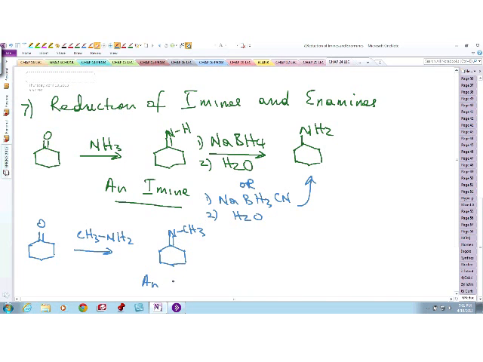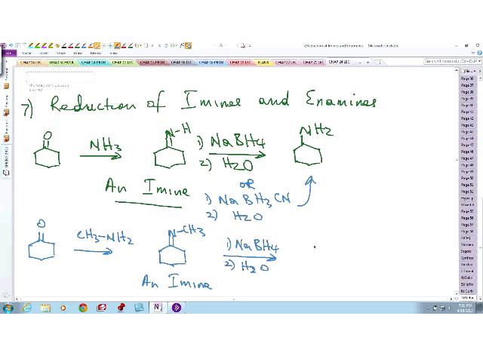Still an imine. And then you reduce it with the appropriate reducing agent, sodium borohydride, followed by water.